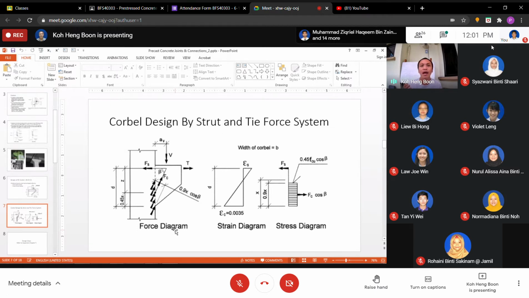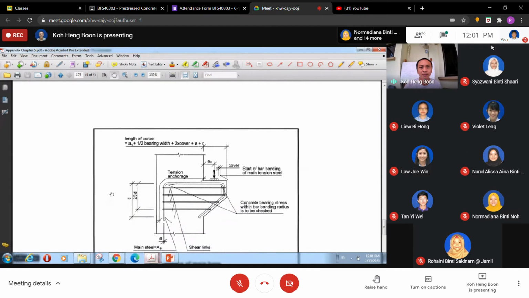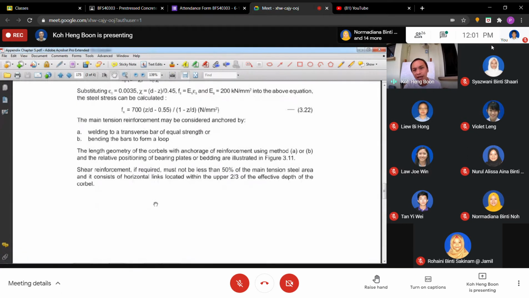If not yielding, we proportion based on this equation here. These are all related to what you will learn in your RC design. Or we can just get the strain and then proportion to get the stress here.